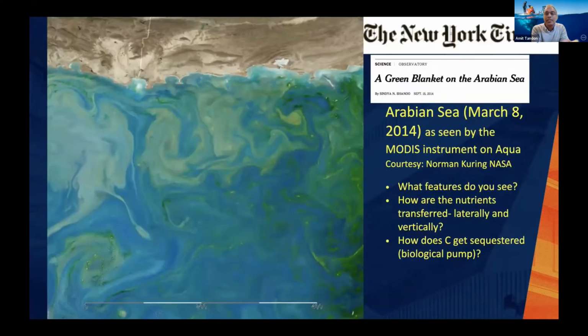So what is the sub-mesoscale? I wanted to show you a picture first to give you a sense. This is a picture that was published in the New York Times. And this is a picture of the Arabian Sea, as you see in 2014. So what you're seeing on the top end are parts of Pakistan, and on the west of that, Iran.